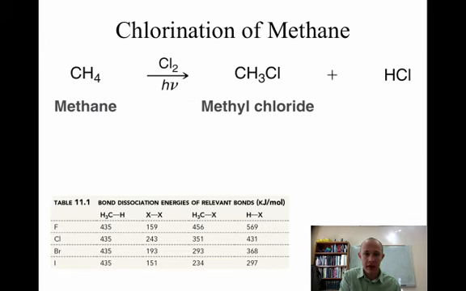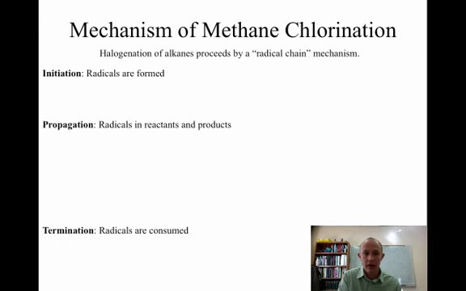So let's draw out the whole mechanism here on the next slide. The mechanism of the chlorination of methane is called a radical chain mechanism, and you'll understand why once we go through all the steps. The first step in any radical chain mechanism is going to be an initiation step, and we already said that the first step is that we homolytically break the weakest bond.